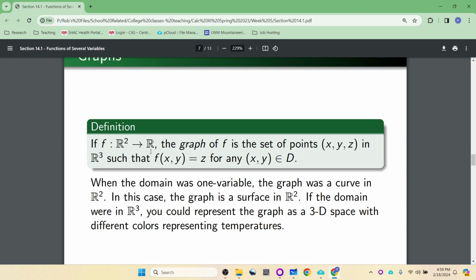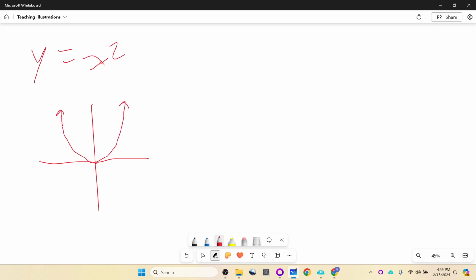So when we were looking at two-dimensional cases, something like y equals x squared, you would have a bunch of points here in 2 dimensions. This is the graph, this curve here that we draw, because it includes all the x, y pairs.